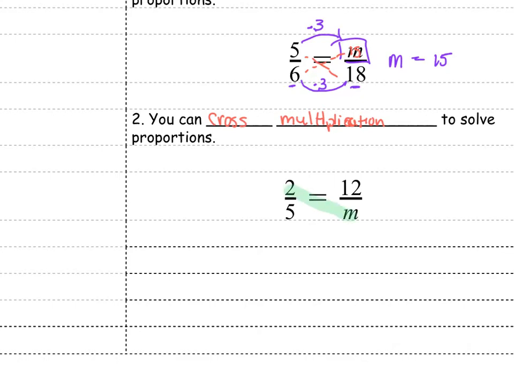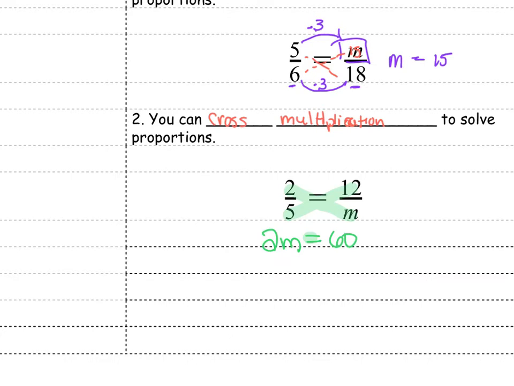So we do our cross multiplication. 2 times M is 2M, and 5 times 12, 12 times 10 is 50, and then 5 times 2 is 10, so this is going to equal 60. Yes, you can use a calculator.